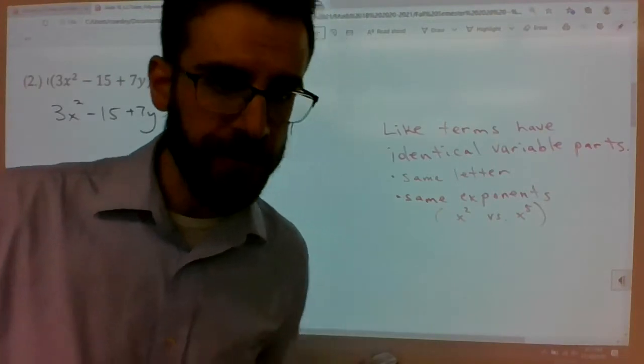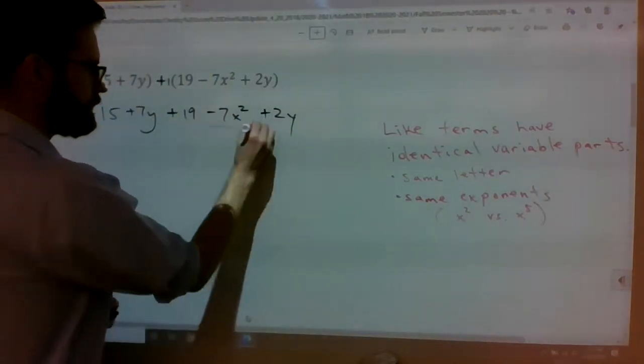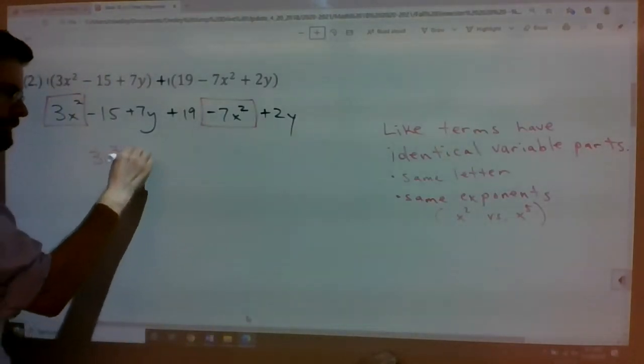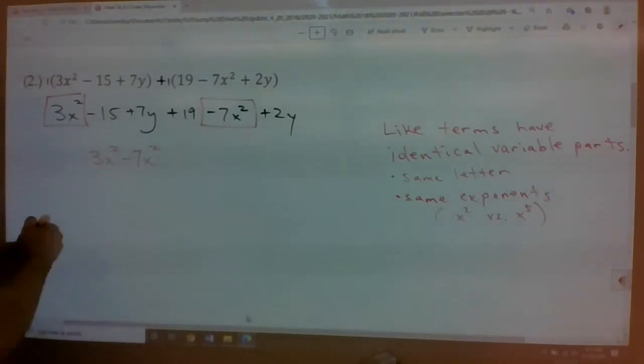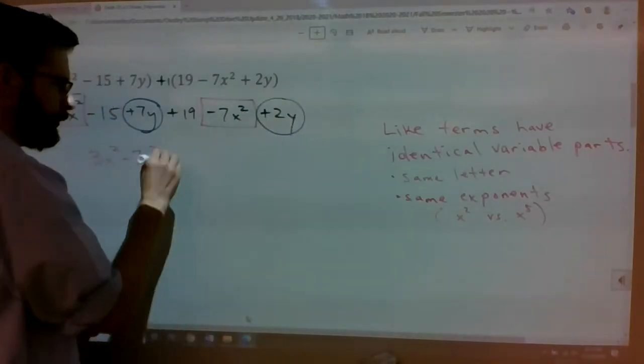Who are the like terms? 3x squared minus 7x squared. Put those side by side. 7y plus 2y.